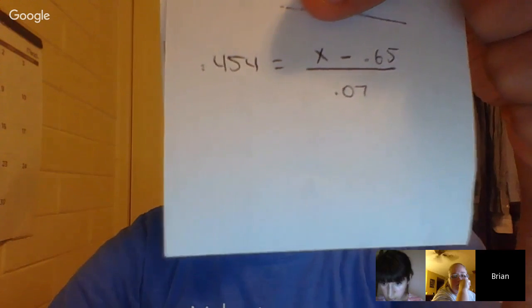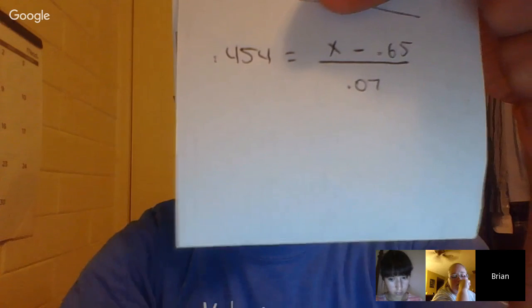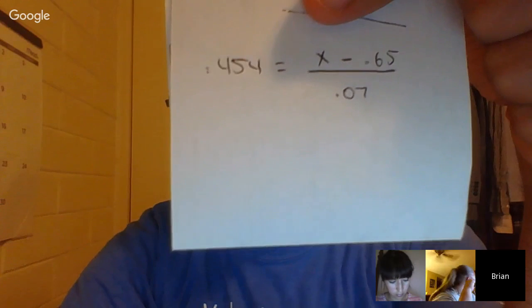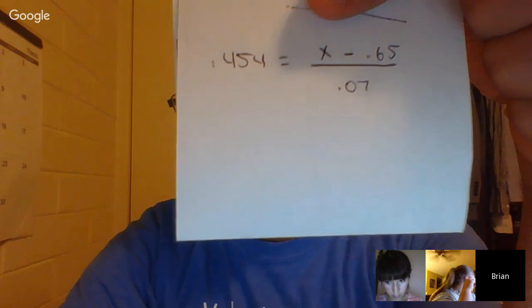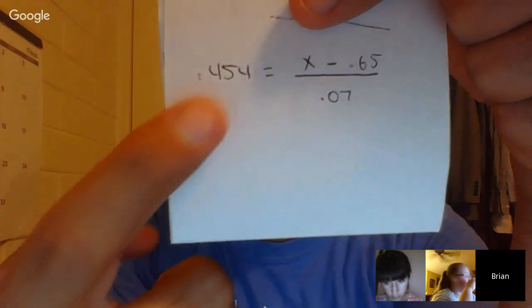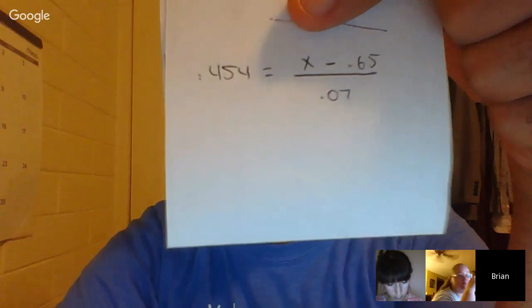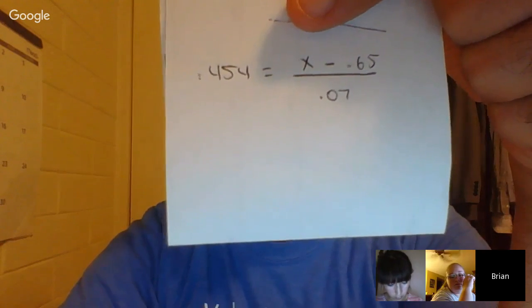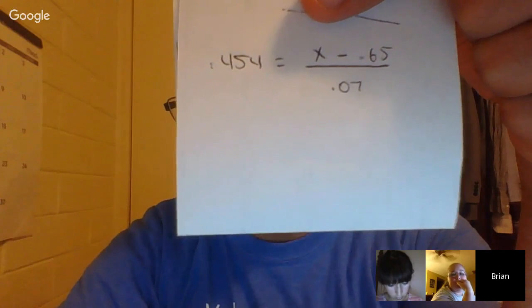It's 0.454 is equal to x minus 0.65 over 0.07. And then we're just reverse calculating it. So I'd take the value, multiply it by 0.07, and then add 0.65. That sounds right to me.